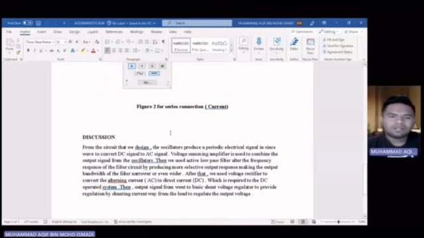Okay, next I explain about discussion. From the circuit that we designed, the oscillator produces a periodic electrical signal in sine wave to convert DC signal to AC signal. Voltage summing amplifier is used to combine the output signal from the oscillator. Then we use an active low pass filter to alter the frequency response of the filter circuit by producing a more selective output response, making the output bandwidth of the filter narrower or even wider.